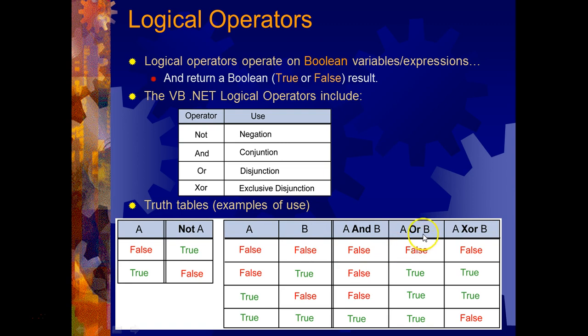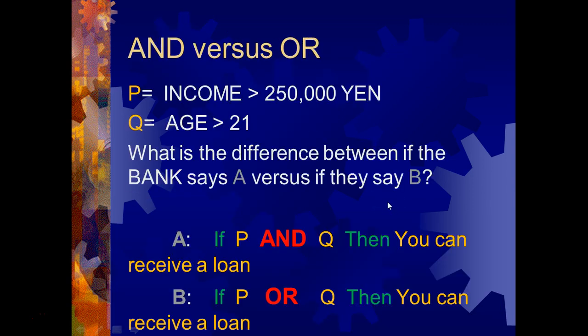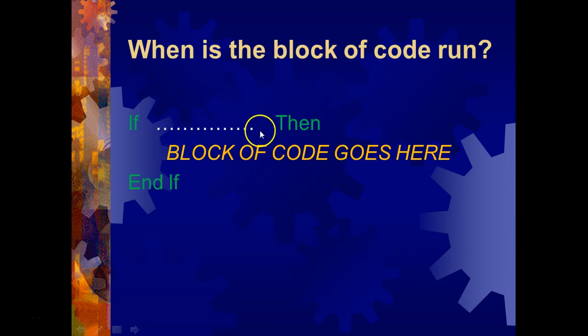Okay, but with "or," it's different, right? We said that if the person was 18, but they earned more than 250,000, then we would give them a loan. By the way, this part here is called the antecedent. Ante means before.